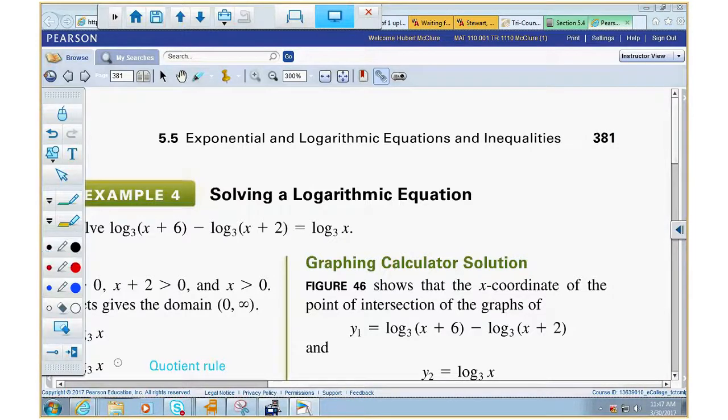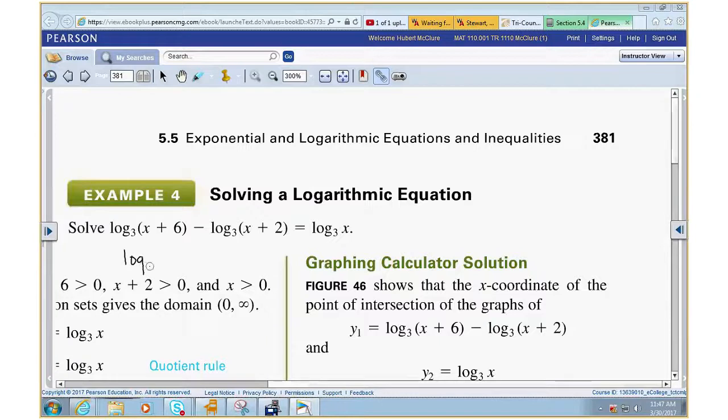So using the quotient rule, I could rewrite this as log base 3 of what? x plus 6 divided by what? Equals log base 3 of x. Yes, I'm sorry.